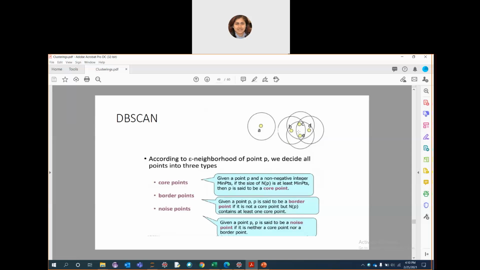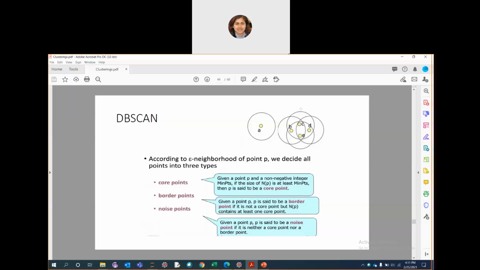Border points: a point is a border point if it is reachable from a core point and there are less than min points number of points in its surrounding area. Let's consider this region around D. There may be certain core points, but as C and E are touching the border region of the cluster, they are considered border points.